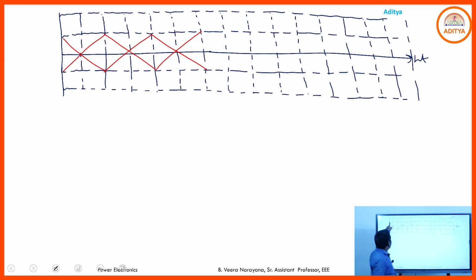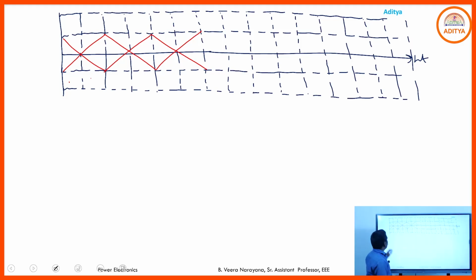Just take one small vertical line and a horizontal reference line, which is taken as omega t. Below the reference line and above the reference line, you draw two horizontal dotted lines. And vertically, first you consider, for example, this width as 30 degrees, then another 30, 30, 30, 30, like that you take one cycle.